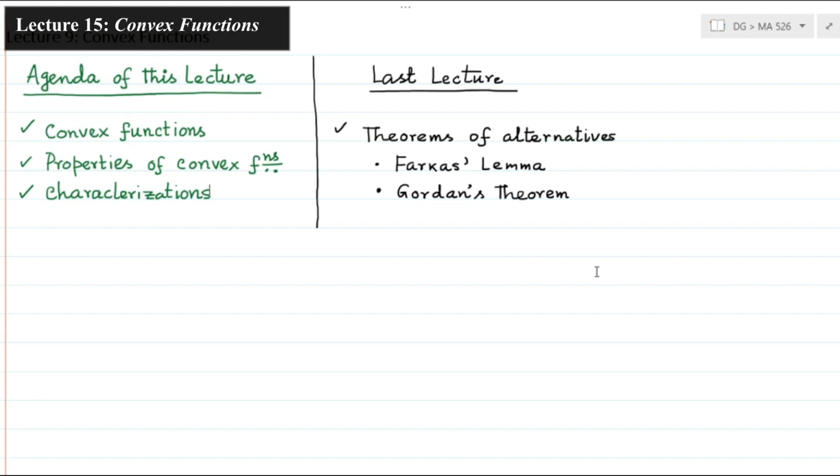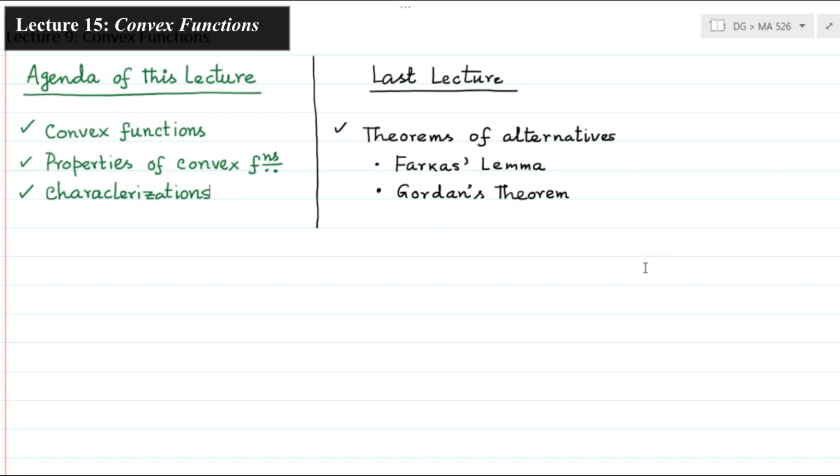In this lecture, we will discuss convex functions. We will first define what we mean by a convex function, as well as what we mean by a concave function. Two special types of convex functions will also be defined: strictly convex functions and strongly convex functions.